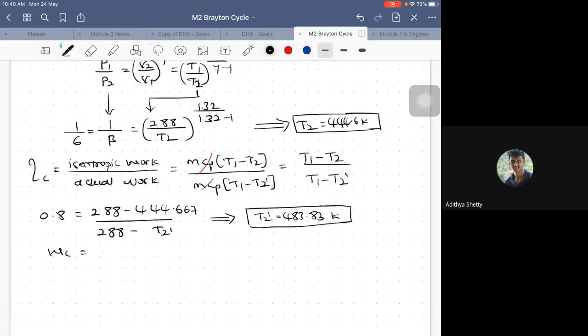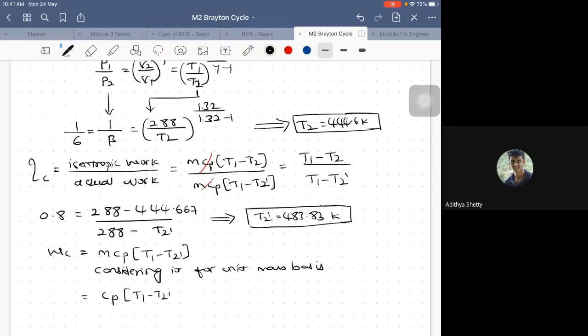So WC is equal to, considering it for unit mass basis, Cp into T1 minus T2 dash, 1.1 into T1, 288 minus 483.83.